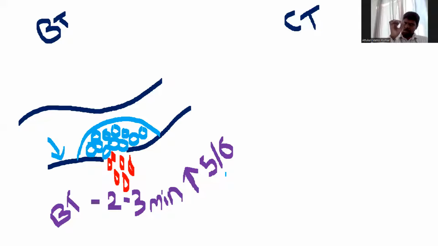So bleeding time always focuses on the amount of platelets present in the body. The lesser the platelets, the higher the bleeding time. In order to assess the functional status of the platelets, we are doing this. This is a bleeding time analysis.